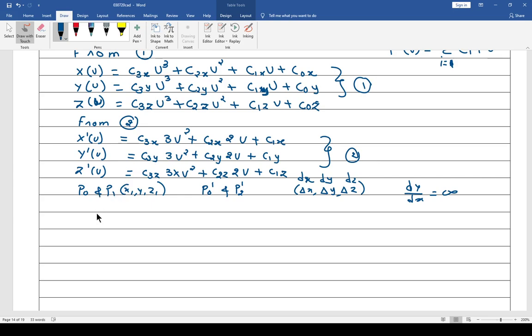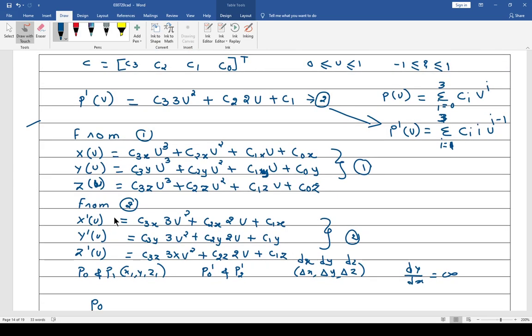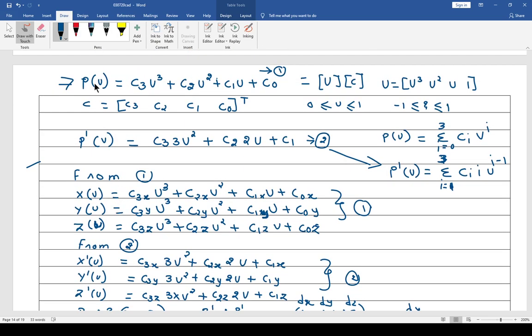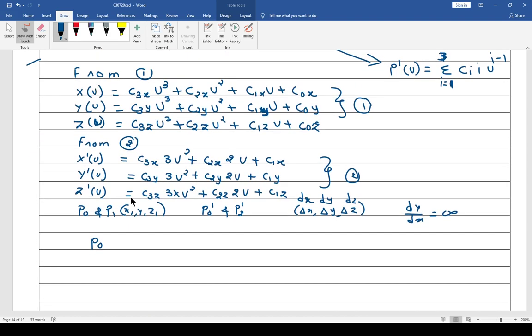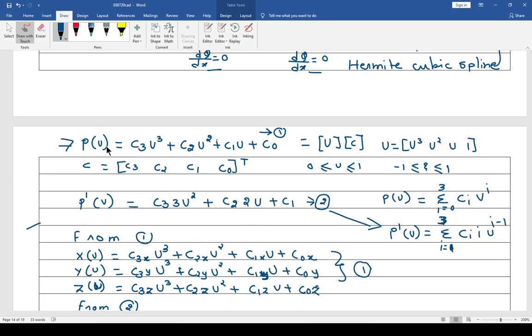So from this, I use equation 1. What I get is p0. If you watch carefully, this is my equation. This represents u equal to 0, this represents u equal to 1, this represents u equal to 0, this represents u equal to 1. So what should I do? I should put u equal to 0 in this equation, and I will get p0.